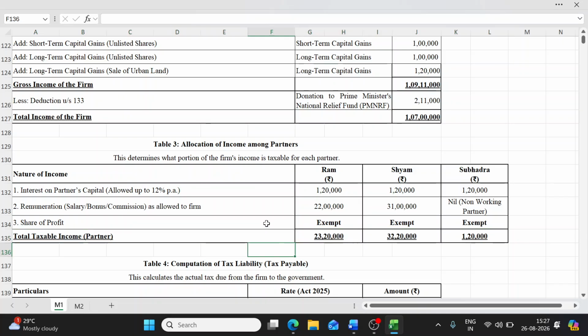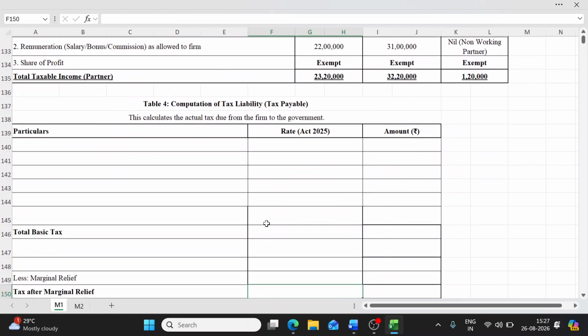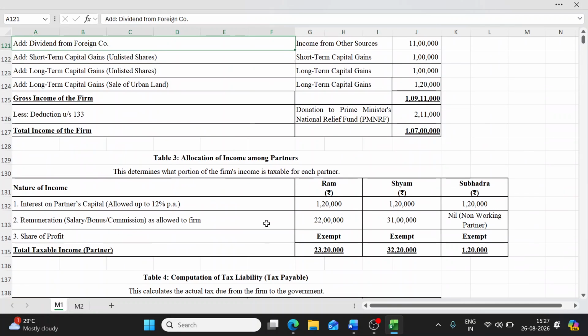Now the table number 4, the most important part of the problem. Now here we will calculate the total tax to be paid by this partnership firm. Now the total income is what? 1 crore 7 lakh.